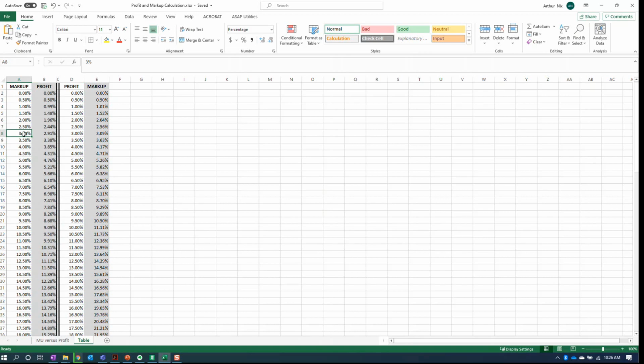So when you start talking about 3% markup or 3% profit margin in the world of construction, we're not talking about fine-tuned instruments here. We're talking about construction projects with so many unknowns out there. They're the same, 2.91, 3%. You're kidding yourself if you think there's a big difference between the two on a construction project.